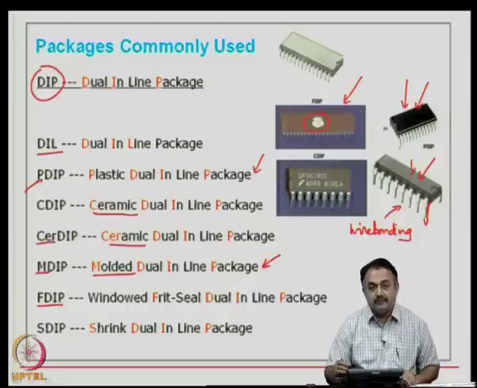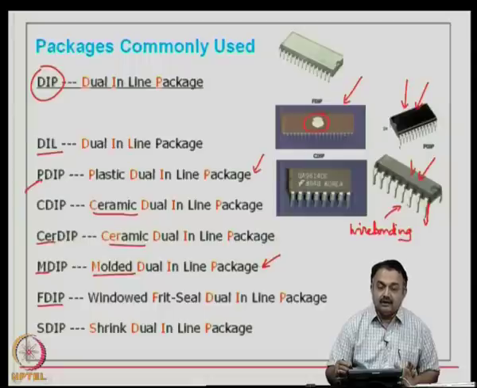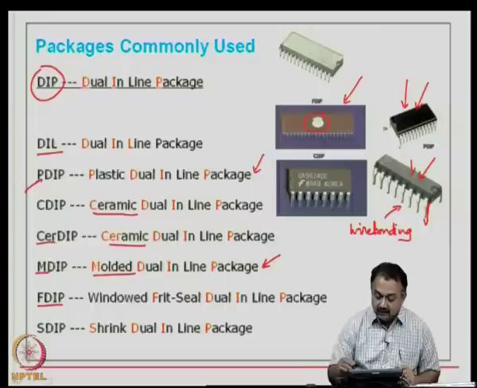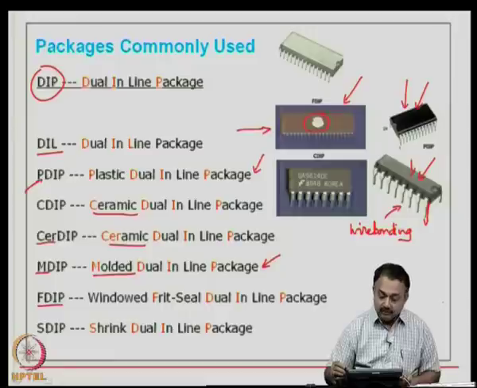Typically, these are used for EEPROM devices, where you would like to expose, if you want to erase a program, you can subject this package to UV light, and then the program can be erased. So, typically for EEPROMs, F-DIP packages with a frit seal or a glass window is typically used.